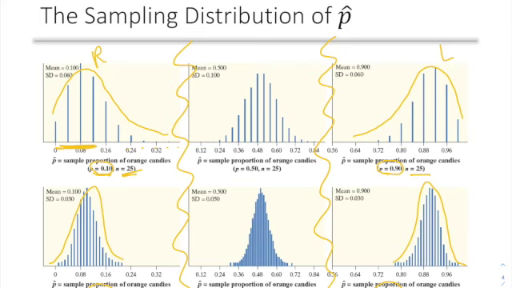Then the converse is if we have a high proportion of them from the 2000s, we're expecting samples that showcase a lot of them. But there are going to be a few that, just by chance, do not get many from the 2000s. So that's why we have the left and right skewed distributions based on the high and low proportion. But again, as our sample size gets large, it becomes approximately normal.